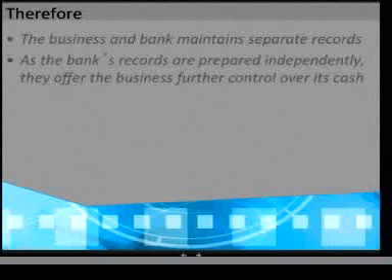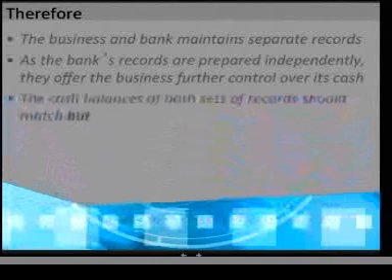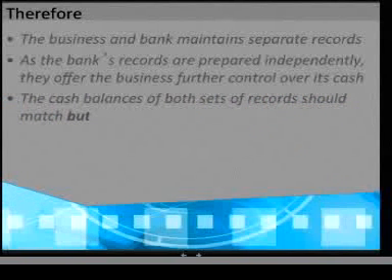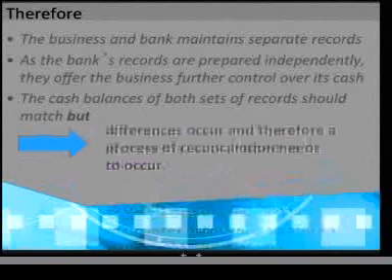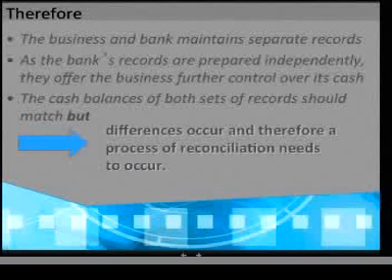So we need to acknowledge that both sets of records are maintaining the same information about the same situation, this cash position, but although it's about the same cash position, they're not going to match, because differences will occur.